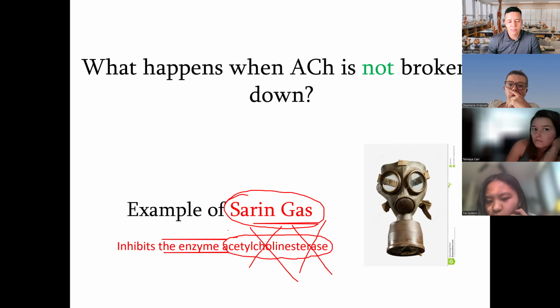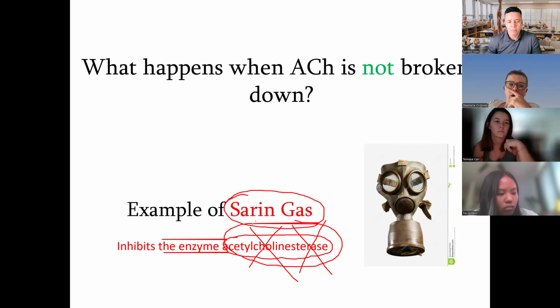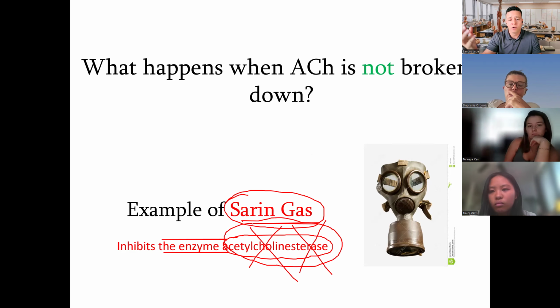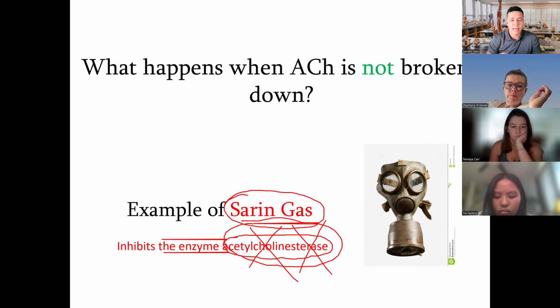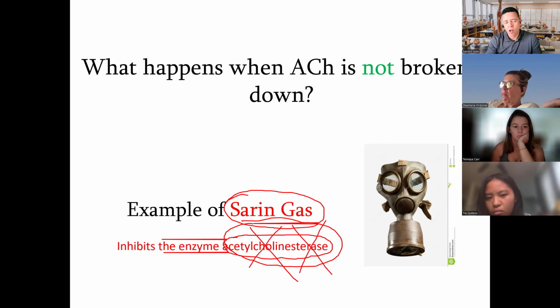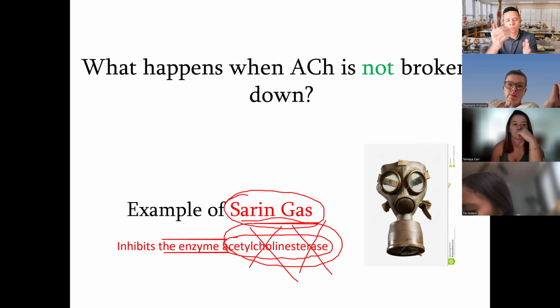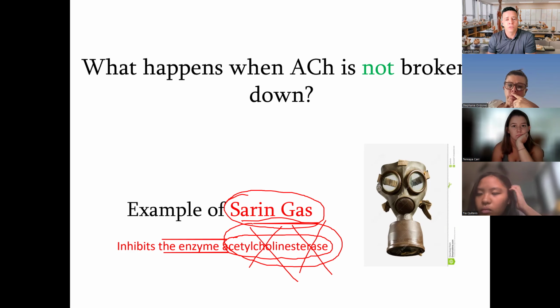Acetylcholine esterase is an enzyme that removes acetylcholine from the synapse. Once acetylcholine is removed from the synapse, the muscle can relax, right? Because as long as the acetylcholine is in the synapse, the ion channels will be open, sodium will continue entering the cell, action potentials will continue being generated, and the muscle will continue to contract.